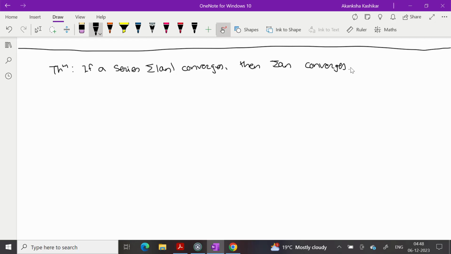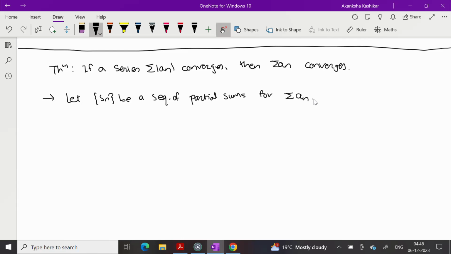How do I prove this? We will again construct a Cauchy sequence of partial sums. So let Sn be the sequence of partial sums for summation an.